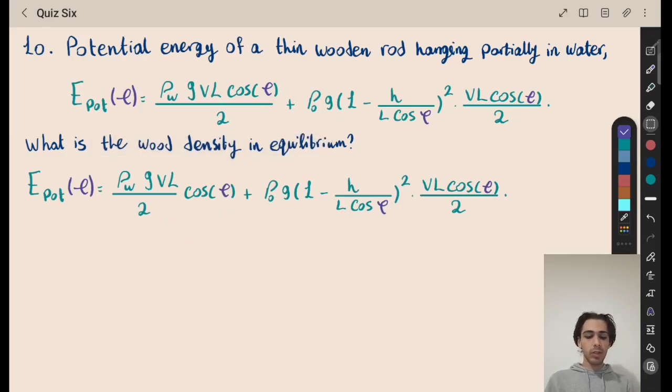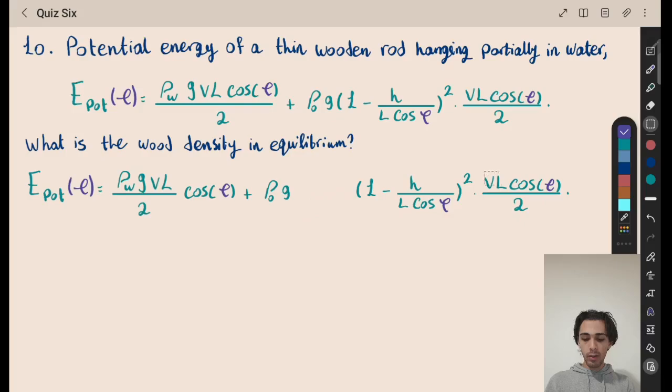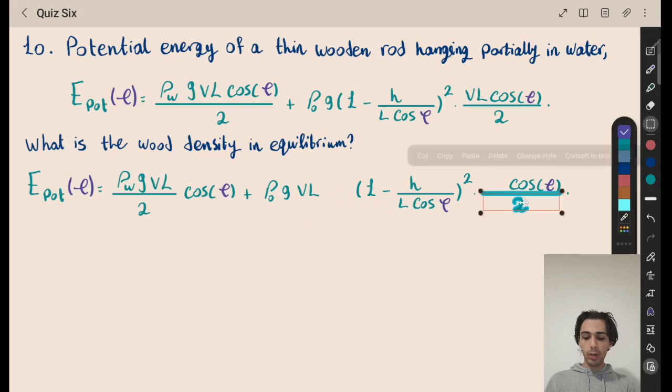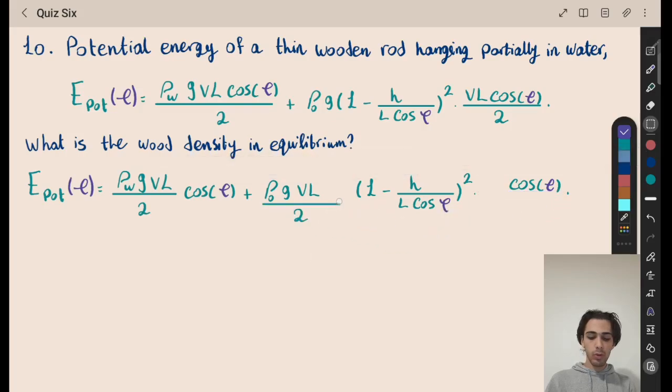So I've separated now the part with the variable from the constants. And I'll do this once again. Here this is a constant, and here we have a division by 2. It's also a constant.